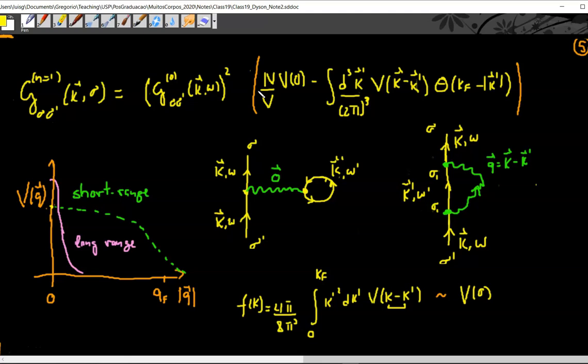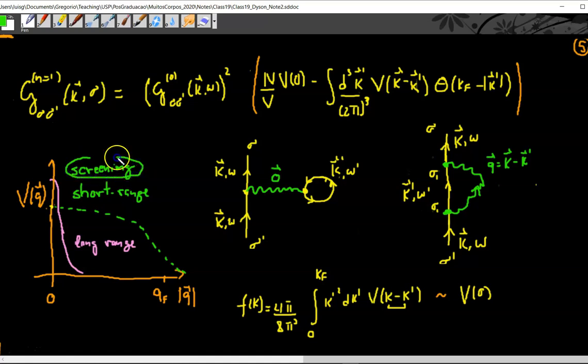Now, the Coulomb interaction is long range typically, right? So why would you get a short range one? Well, there are physical processes that give rise to that, and we're going to discuss some of them in a class when we discuss the RPA, but that's essentially due to screening.